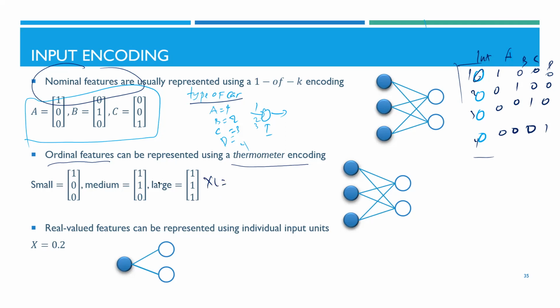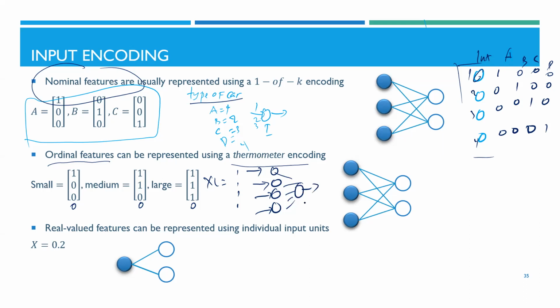Then we have 4 dimensions: small 1000, medium 1100, large 1110, XL is 1111. So it's like a thermometer. We fill each bit one by one. And of course, each of these will be represented by one node in the input layer.